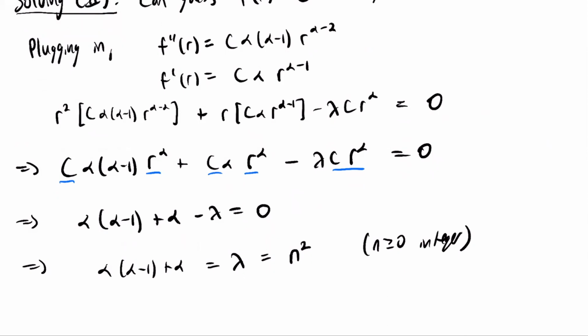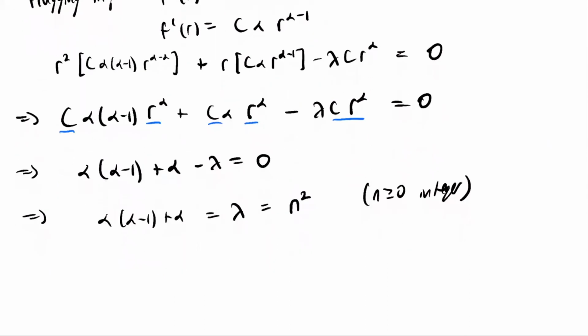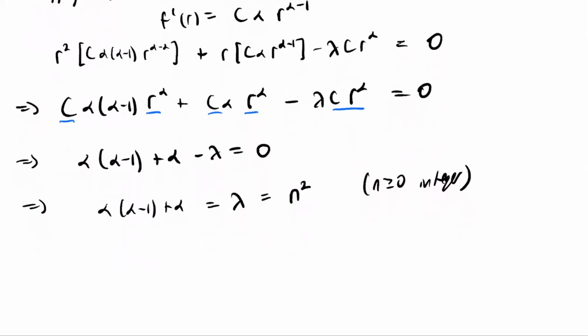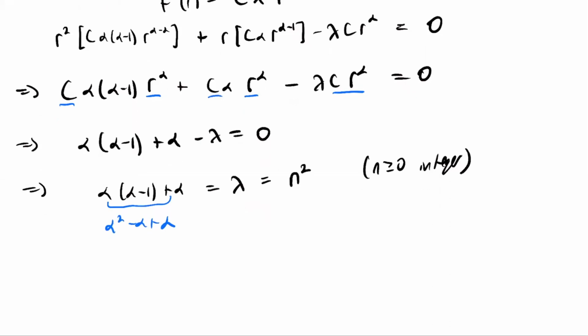Well, let's first consider the case where, actually, I can simplify this a little bit further. So this here is alpha squared minus alpha plus alpha, and so we end up with finally alpha squared has to equal lambda, which is n squared, right?